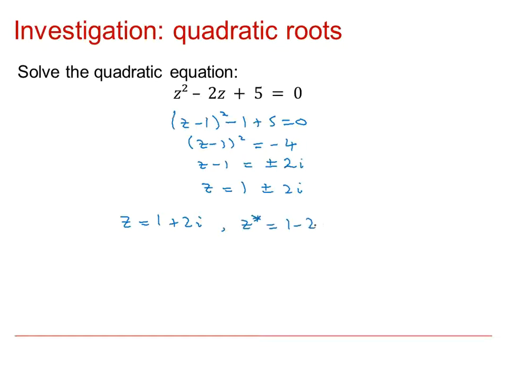is 1 minus 2i. But the interesting thing is if we look at the mean of z and z star, we get 1 plus 2i plus 1 minus 2i, all over 2, which gives me 1.